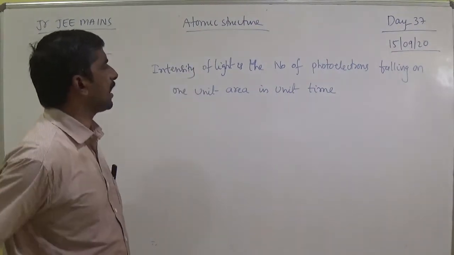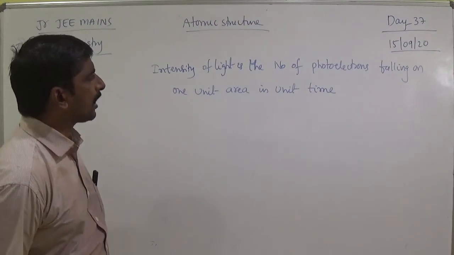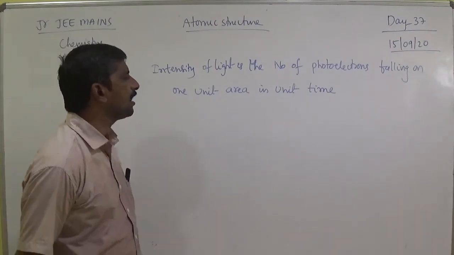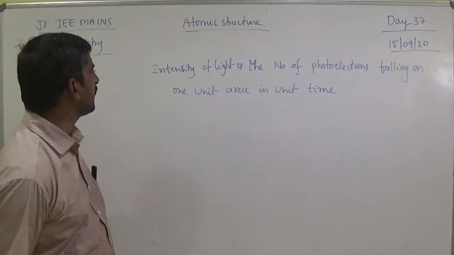Intensity of light is the number of photons falling on one unit area in one unit time. That is the intensity of light.